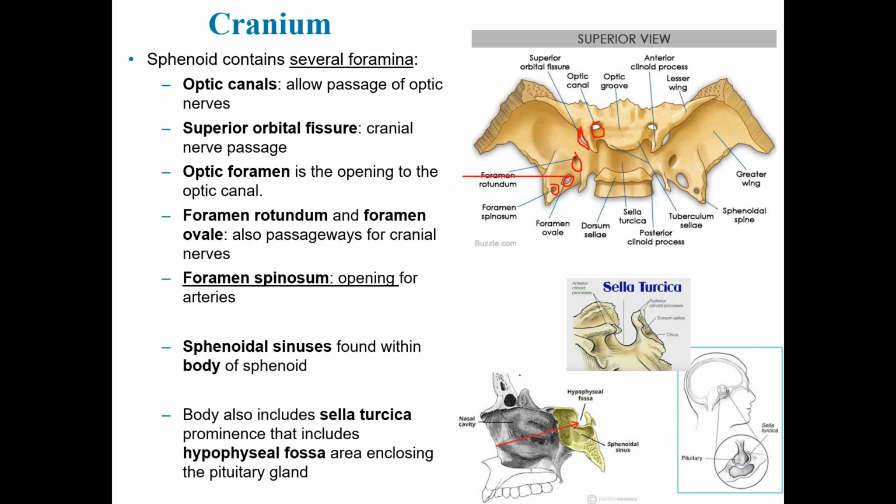One other feature that I want you to remember of this bone is this prominence known as sella turcica, okay, which has a very dramatic depression in it, known as the hypophyseal fossa, and this accommodates the pituitary gland.